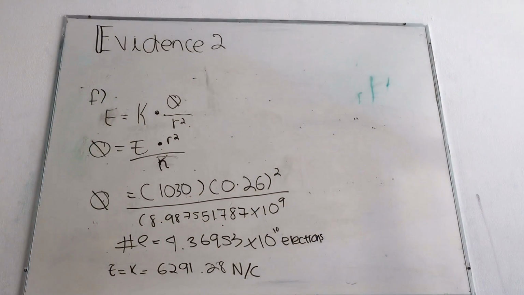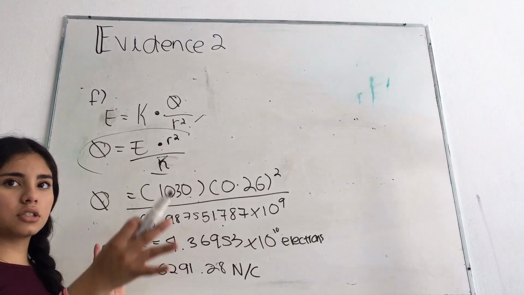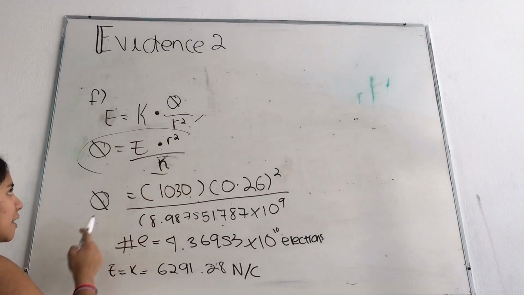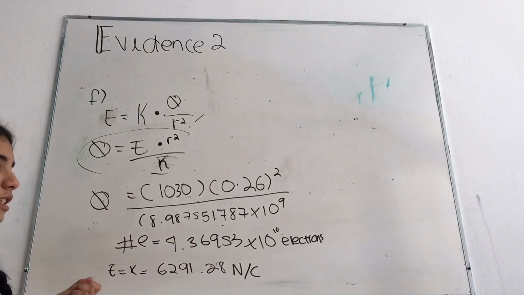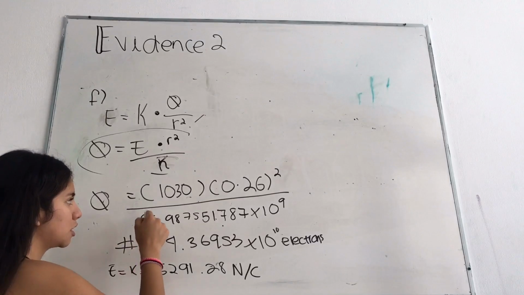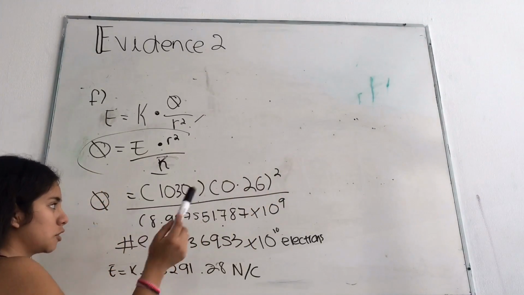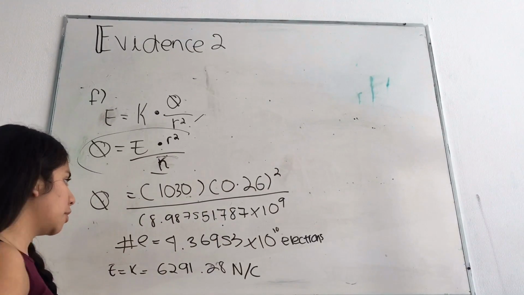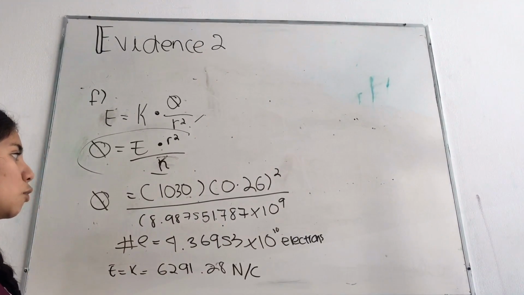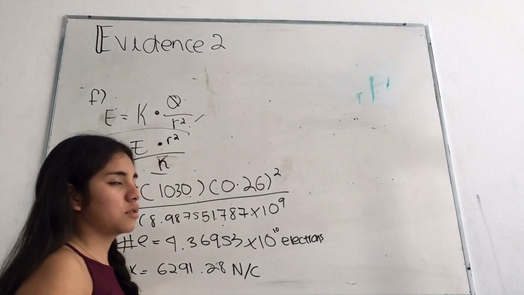Okay, we're going to use this formula. It's the same as this, but I just passed it to the other side, what we need, because this time I need charge. So with the data we have, I'm going to multiply 130 times 0.26 squared, and I'm going to divide it by our number that is 8.9875517873 times 10 to the 9.